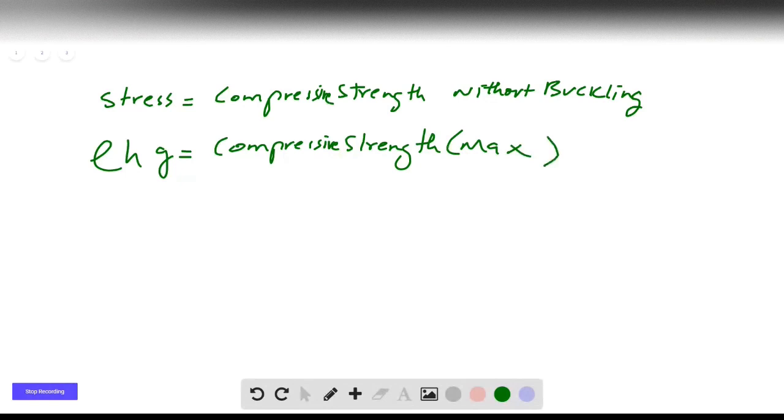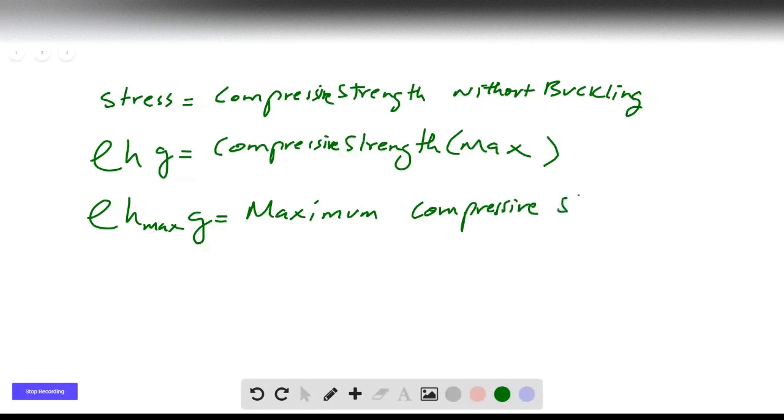So if we have a maximum compressive strength, we also have to think about the maximum height. Max H times rho G equals maximum compressive strength.